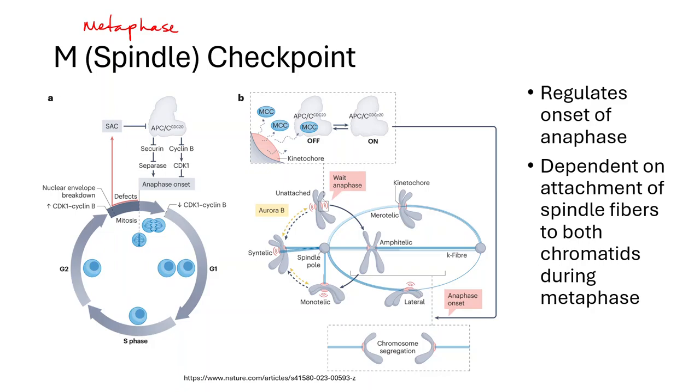If the spindle fibers are attached to both chromatids, there's a complex series of inhibitions here. So this guy right here, that symbol represents inhibiting. Separase is something that allows anaphase to onset. It's basically going to separate the two sister chromatids.